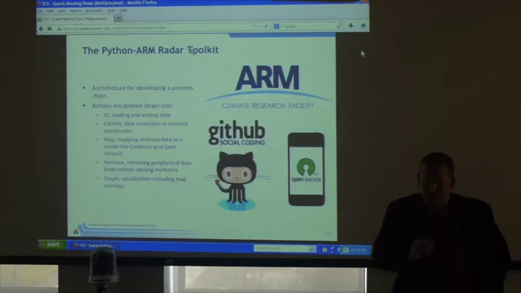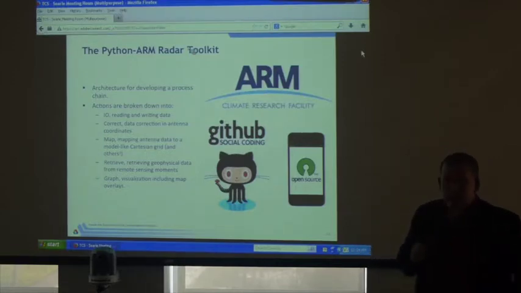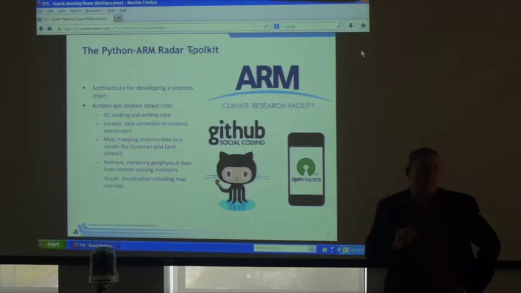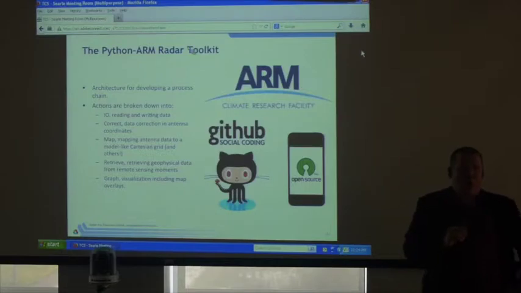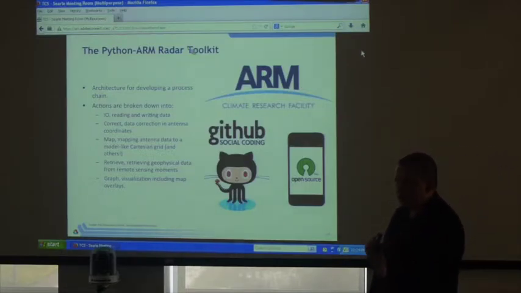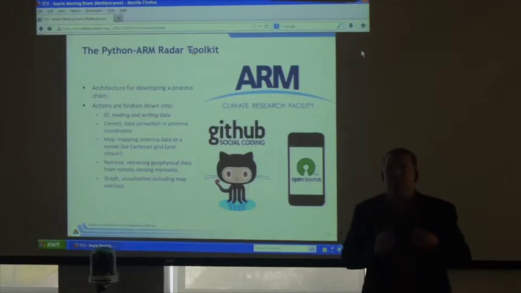So people go, Scott, I really like the way you do your mapping, but your attenuation correction is just terrible. And all I need to say to them is, great, write me a new one. Here's the code I put together. I put the code together in the gridding. All you need to do is fix that tiny little thing that you have an issue with. We can take that domain-specific knowledge and put it back into our toolkit.